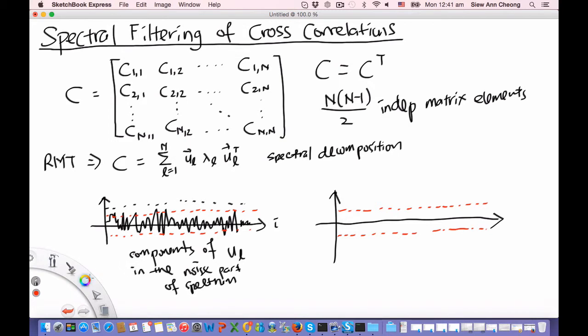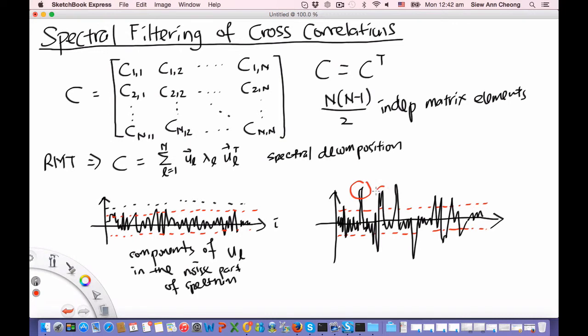And then when we go to the signal eigenvector, we will find that there are still components which are below the noise level, but every so often we will find components rising above or below the noise level. These are what we are interested in.